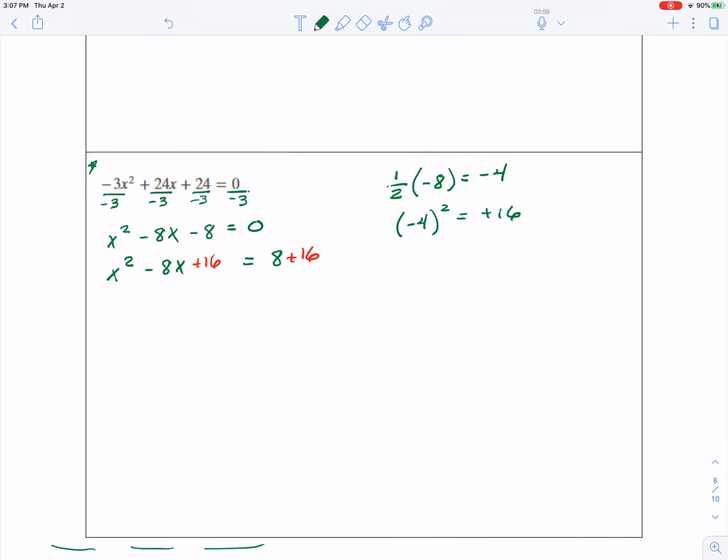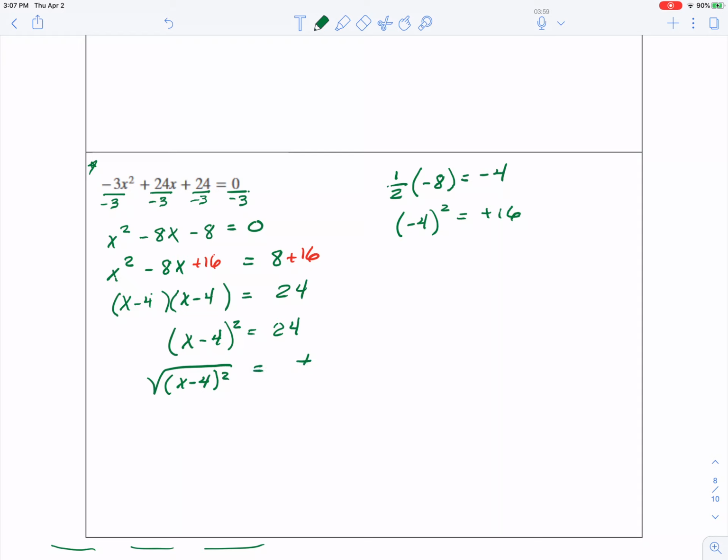All right, so on the left, remember the reason we did this, I'll go ahead and write it all in this time, is to reach this goal of a binomial in parentheses squared. This is where we take the square root of both sides.